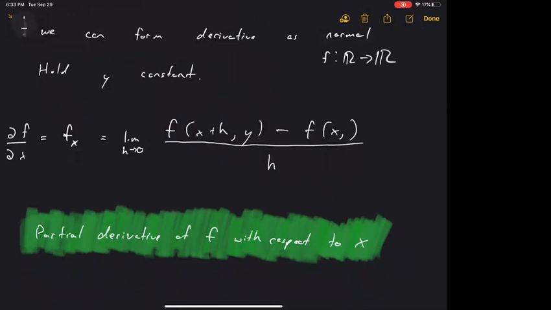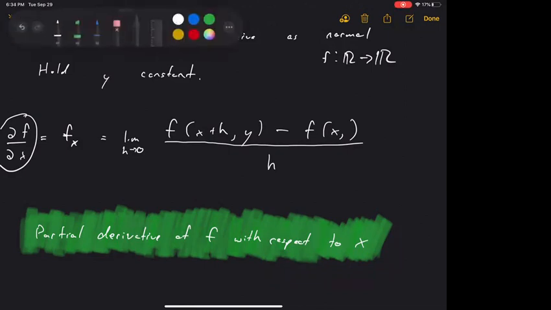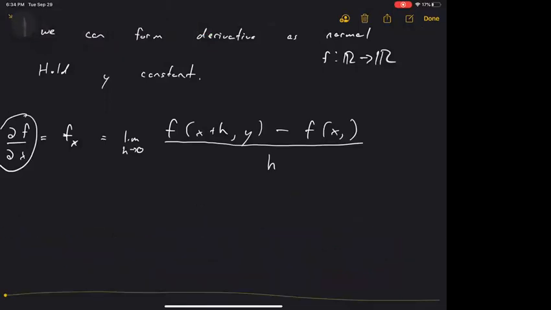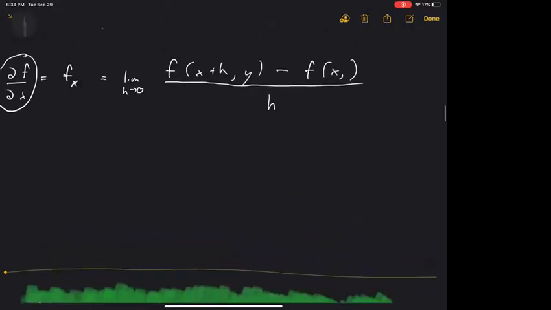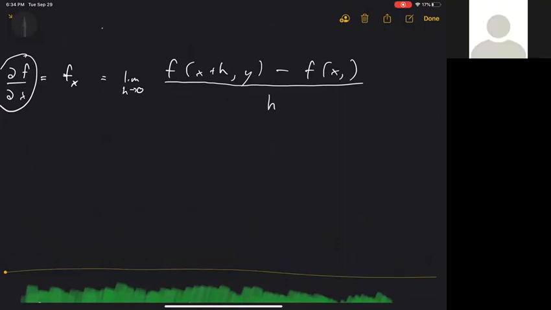And then the notation we have for that is f sub x, or we could also use this, okay? This is like a cursive df over cursive dx, okay? That notation is important, okay? I think there's a name for it.